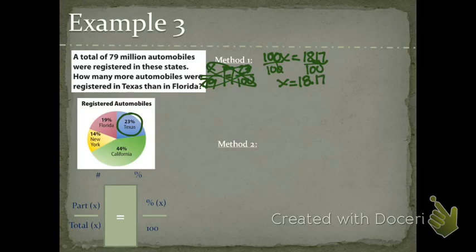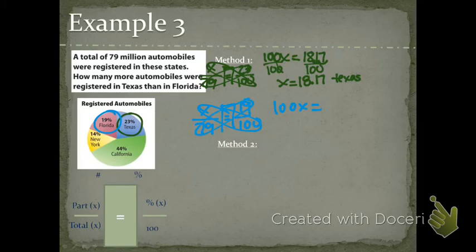Okay, and this is for Texas. So now I gotta find it for Florida. Okay, so Florida is 19%. So our percent bar, 19% out of our 100. There's 79 million automobiles. So cross multiply, we get 100x.